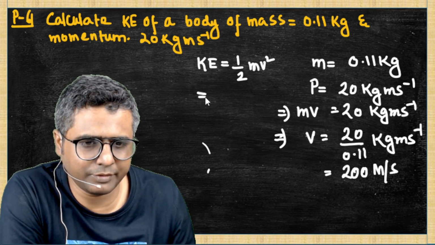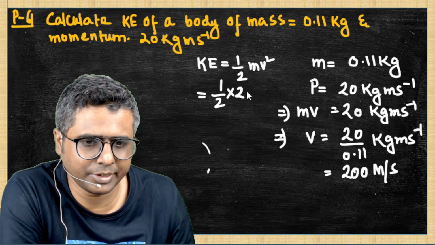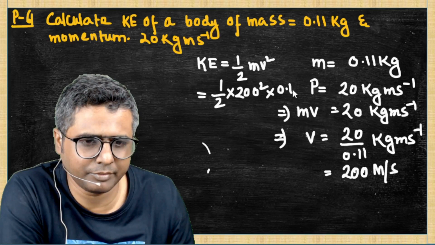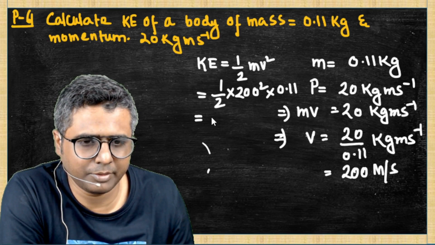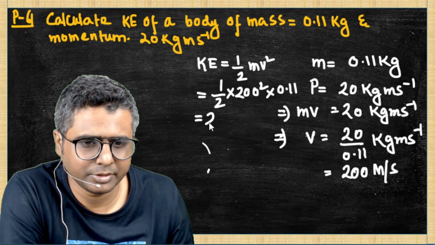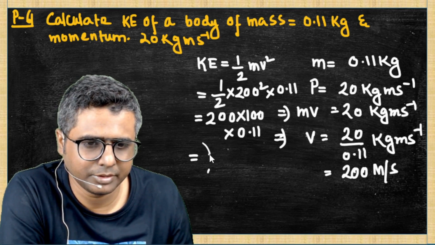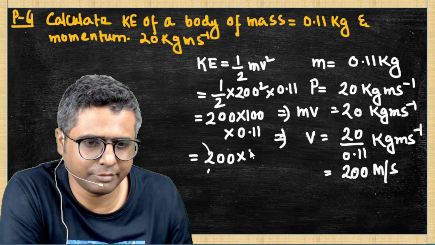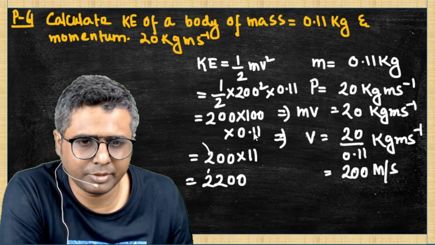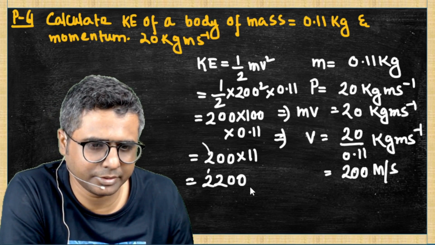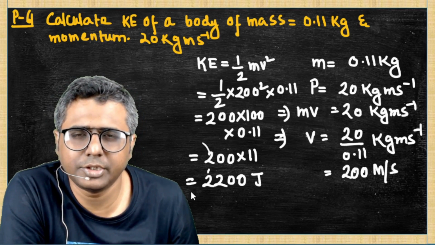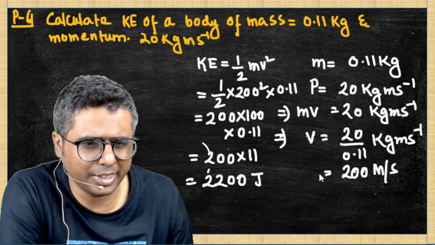So if you now put these values over here, half into 200 square into mass 0.11, this will come out to be 200 into 100 into 0.11. 0.11 into 100 will be 11, so 200 into 11, this will be 2200. We are asked to calculate the kinetic energy, so it will be 2200 joule.